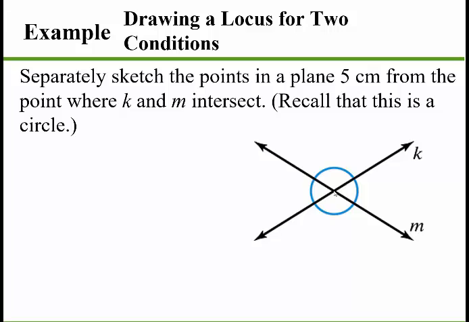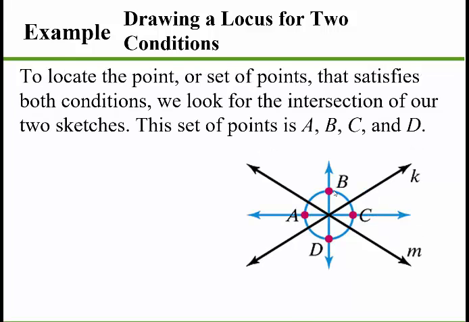Well, that's just a circle like this. When we put it all together, to locate the points that satisfy both conditions, we look at the intersection of our two sketches, and the locus is just the 4 points A, B, C, and D. It's not the entire circle, it's not the two lines, it's just those 4 points right there.